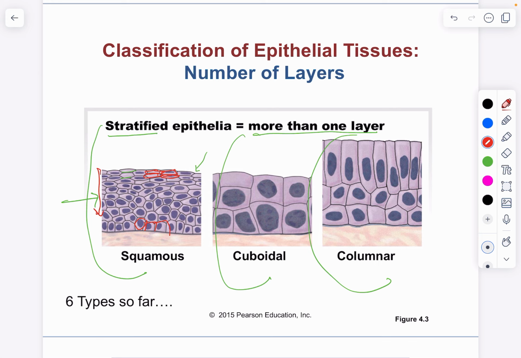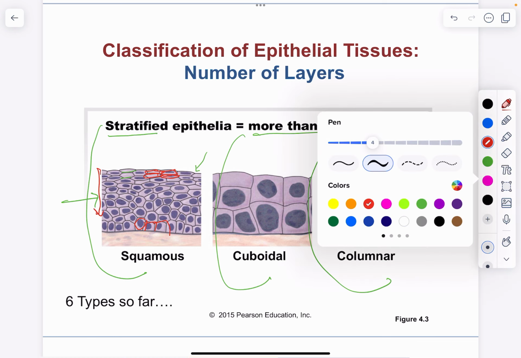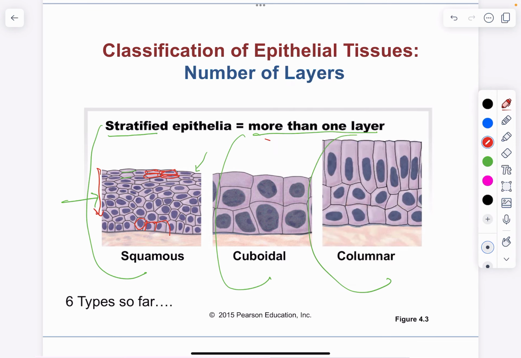So why are we calling that a stratified squamous epithelia? What matters more than anything is what is on the top. You name an epithelial tissue by the cell that is on the top, not what is on the bottom. So this tissue is called stratified squamous.